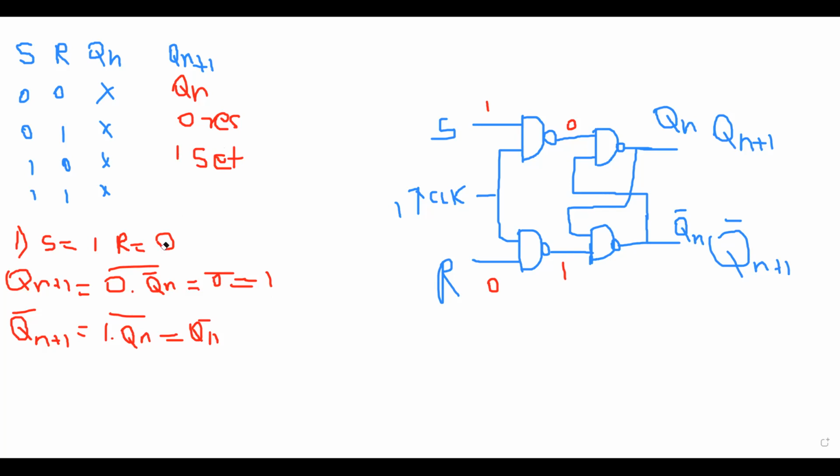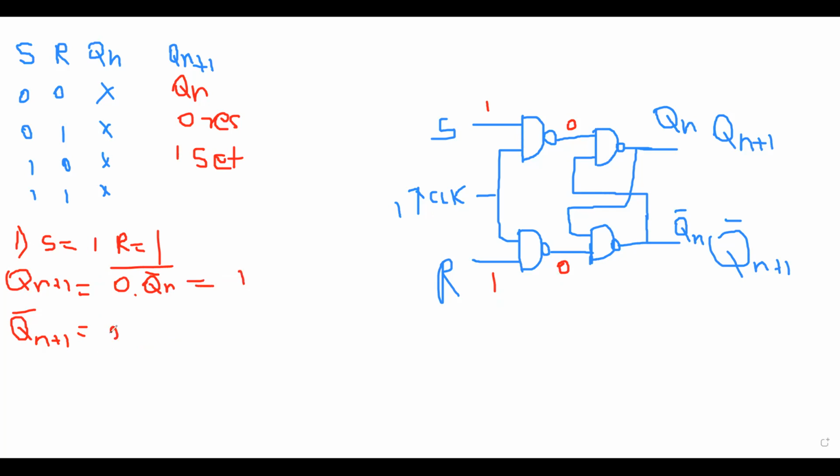Now I'm going to check the last condition, 1, 1. So 1, here also 1. So 1 into Qn bar whole bar, and it's equal to 0.